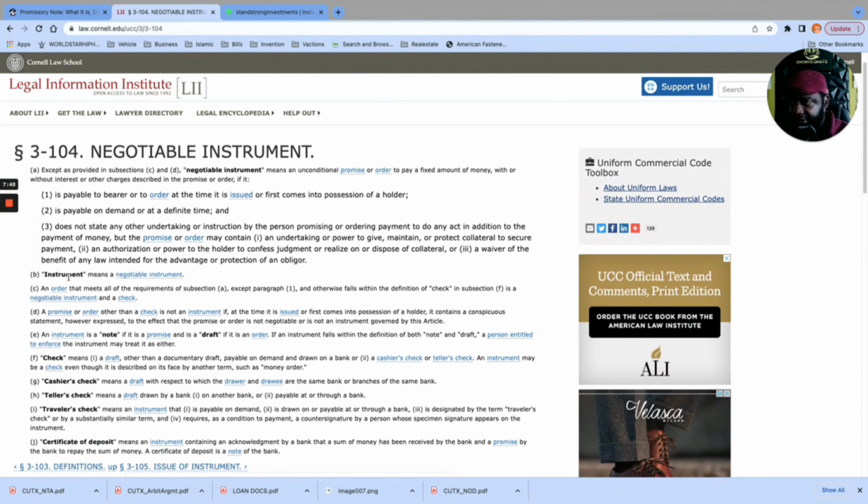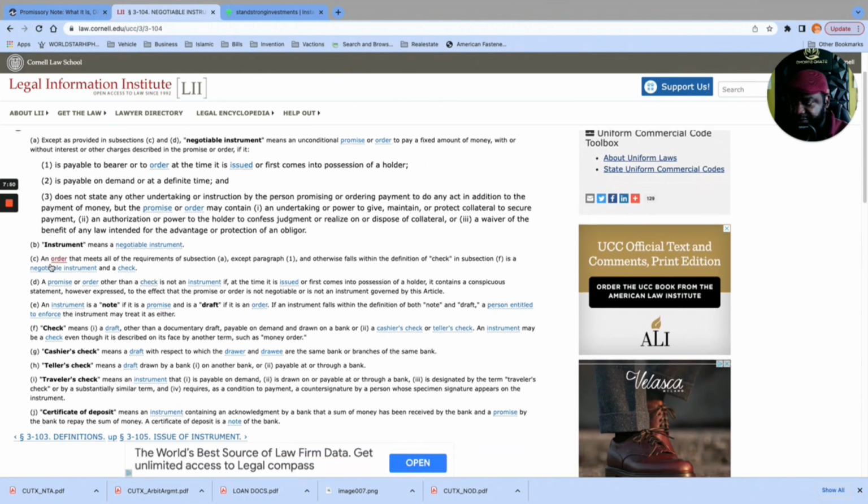All right. Instrument. Instrument means a negotiable instrument. It's also an order that meets all of the requirements of subsection A, except paragraph 1, and otherwise falls within the definition of check in subsection F is a negotiable instrument and a check.